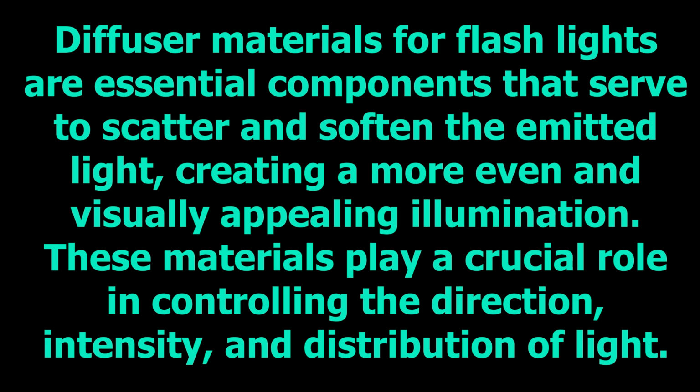Diffuser materials for flashlight are essential components that serve to scatter and soften the emitted light, creating a more even and visually appealing illumination. These materials play a crucial role in controlling the direction, intensity, and distribution of light.